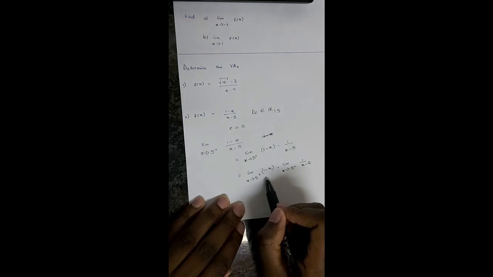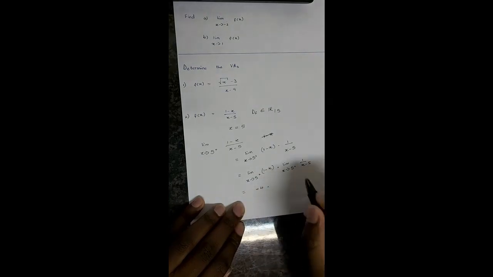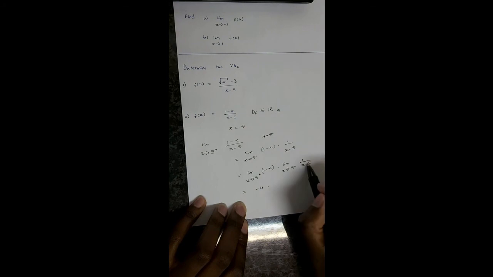Okay, so the first one, 1 minus x, will just be negative 4, multiplied by, and then over here we can see a non-zero number over a number that is getting smaller and smaller. And since we're using 5 from the positive, look at 5.1, 5.2, 5.125, etc. Which means our denominator is going to be positive and our numerator is positive as well.